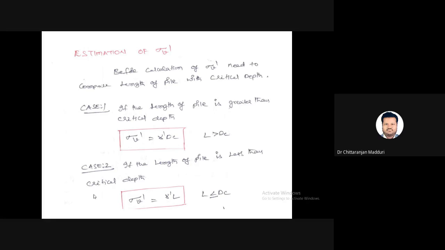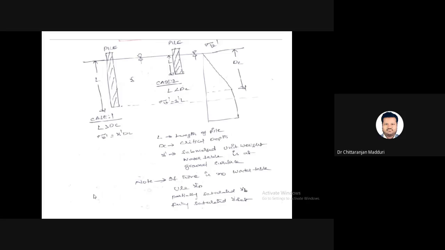Case 2 is when the length of the pile is less than or equal to critical depth. Critical depth is more, the length of the pile is less. We should consider only the length of the pile.